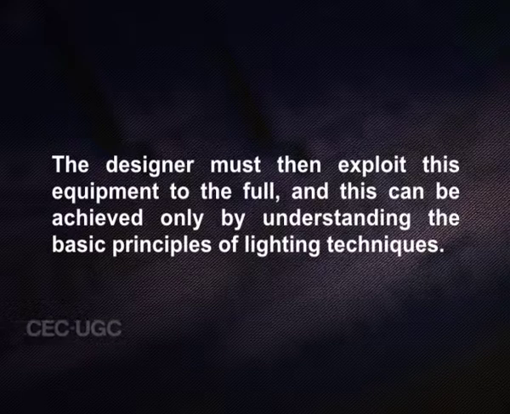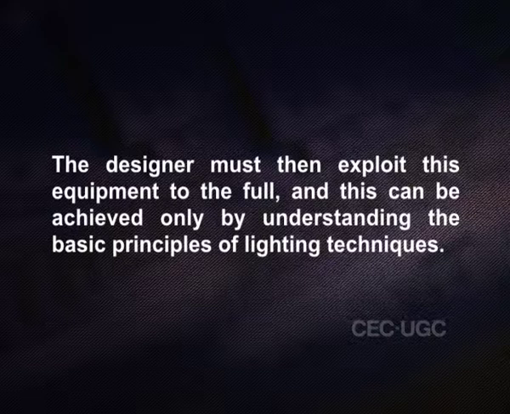This paper is going to describe the various luminaires that are available for theatrical use, their particular merits, advantages and disadvantages, and how to focus and maintain them. The designer must then exploit this equipment to the full, and this can be achieved only by understanding the basic principles of lighting techniques: front light, back light, down light, up light and silhouette.